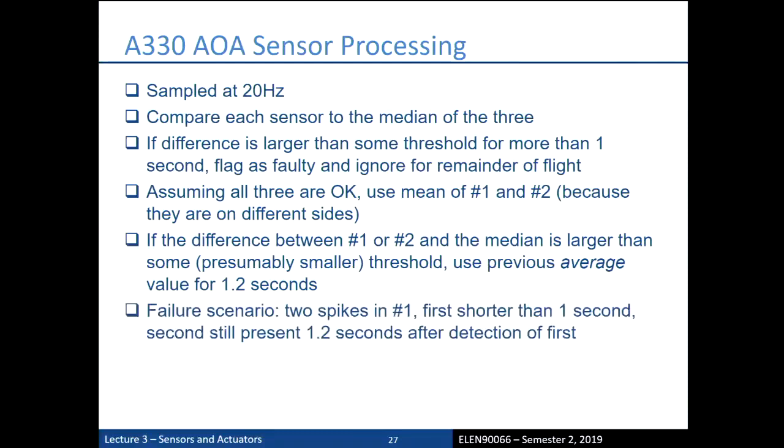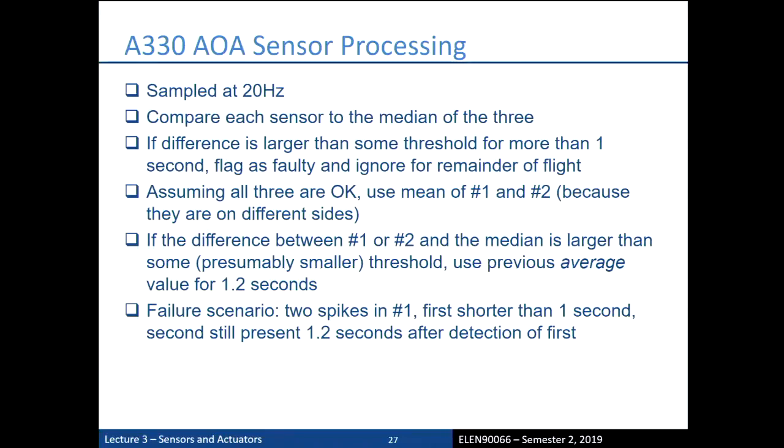So what happened? There were 2 spikes in the number 1 sensor, and they just happened to get around some of these fault tolerance conditions. The first fault was shorter than 1 second. Imagine it's reading some static value and then it has a spike of some sort, positive or negative, shorter than 1 second.